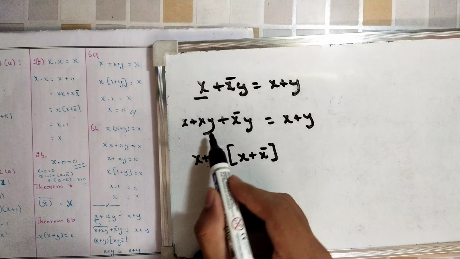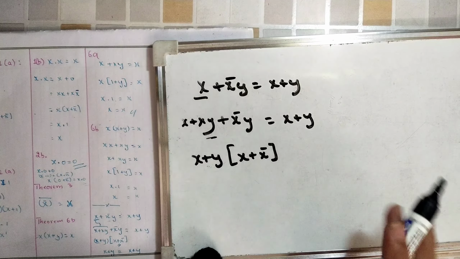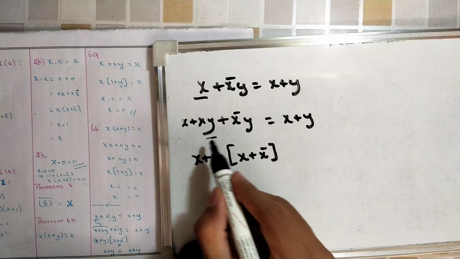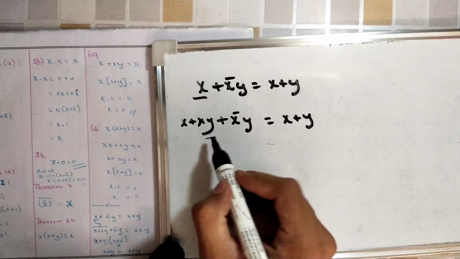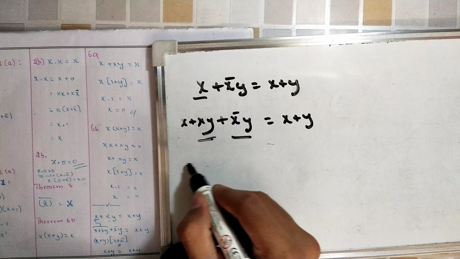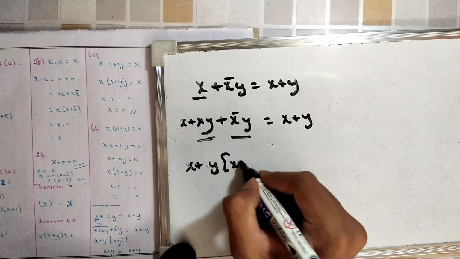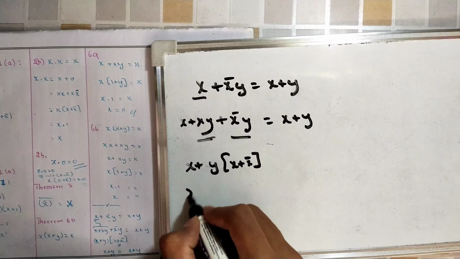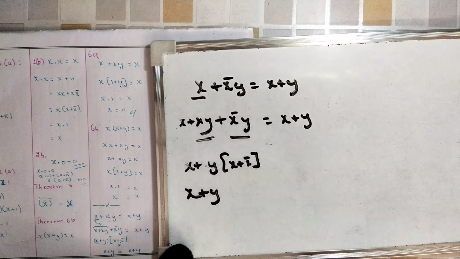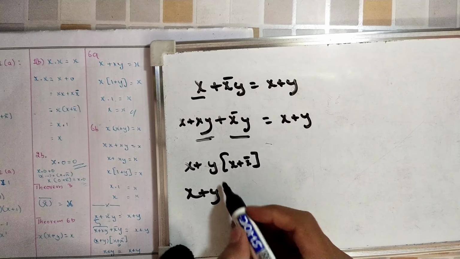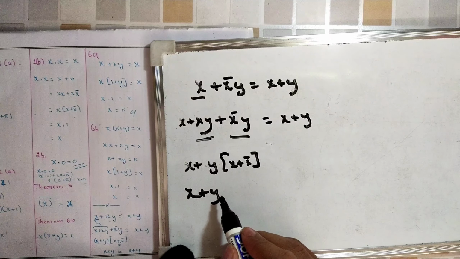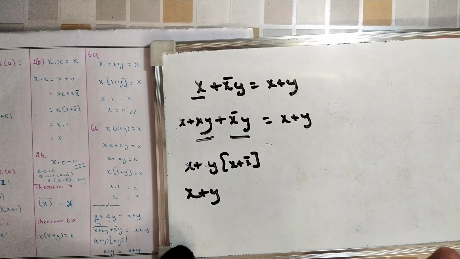Sorry, we are not taking x plus y common, we are just taking y as common. Just from this equation, this and this, you have to take x as it is, y common. So if you take y common, you will have x plus x bar. So x plus y. Now what is x plus x bar? That is nothing but 1. 1 into y will be your y itself, right?